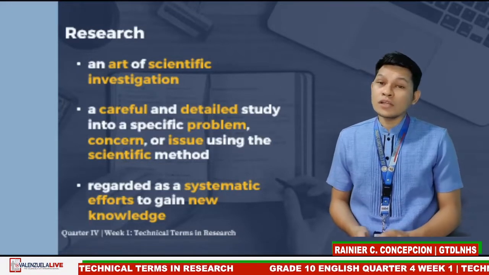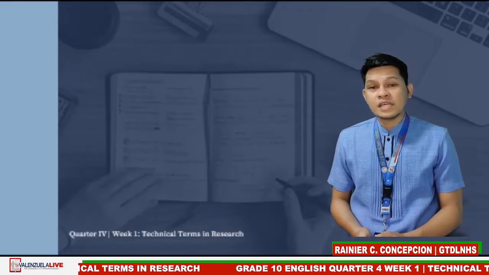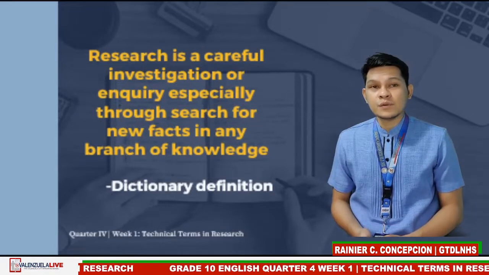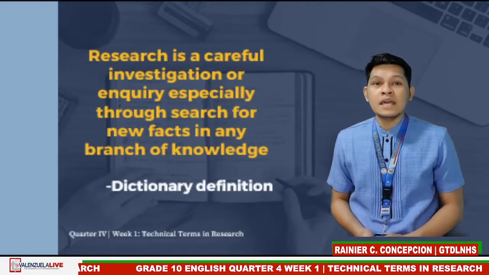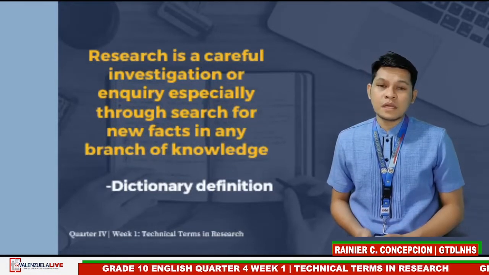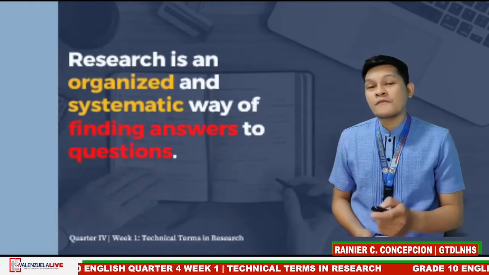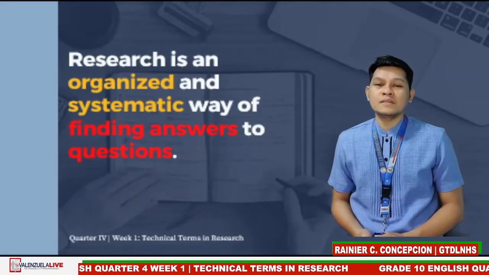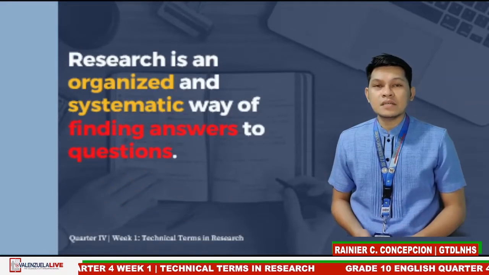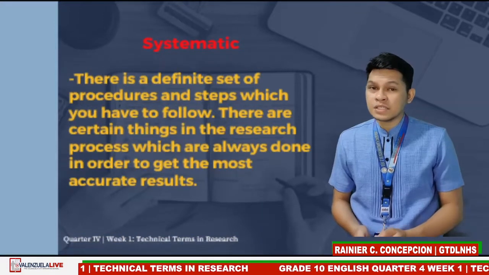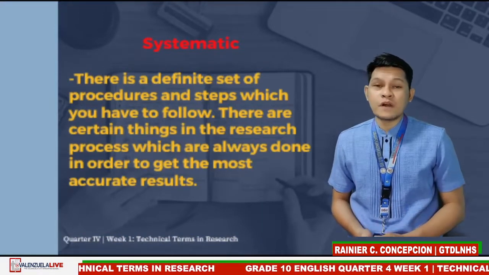According to the dictionary, research is a careful investigation or inquiry, especially through search for new facts in any branch of knowledge. Research is an organized and systematic way of finding answers to questions. It is systematic because there is a definite set of procedures and steps which you have to follow.